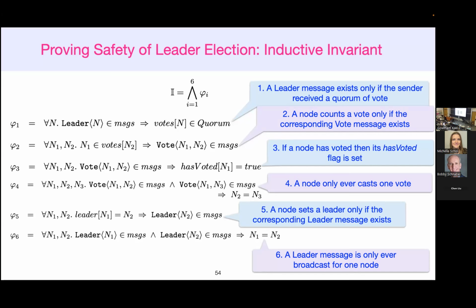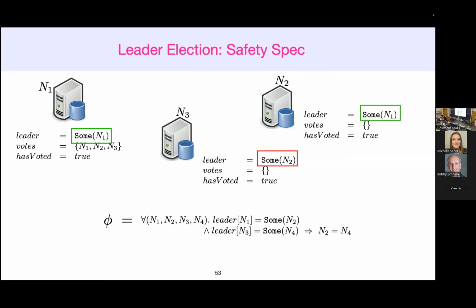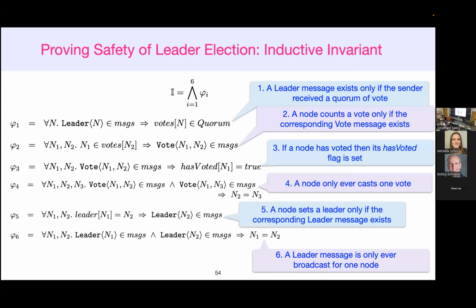So compare this to the actual safety property, which is quite succinct, right? The amount of invariants one has to write even for this simple protocol to make the verification go through is quite a lot. So this is not scalable. This does not work for non-trivial implementations.